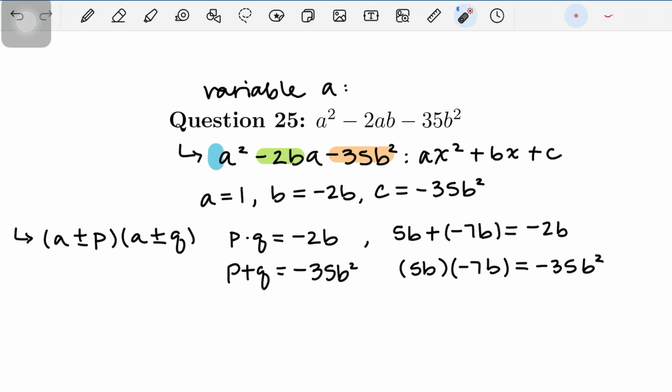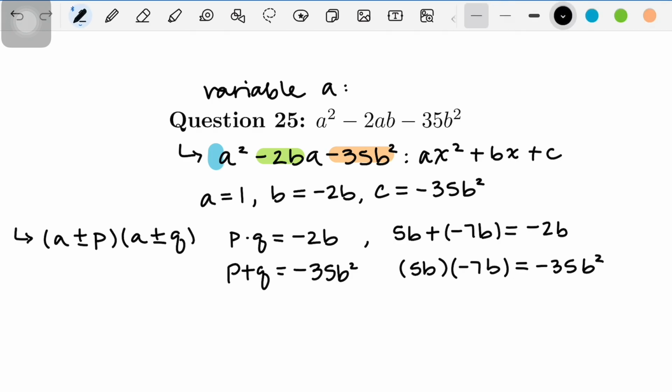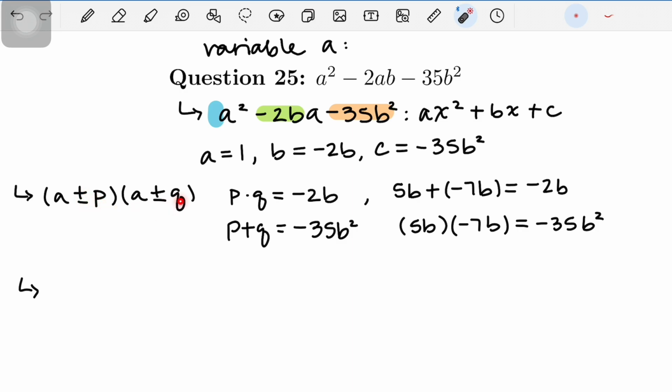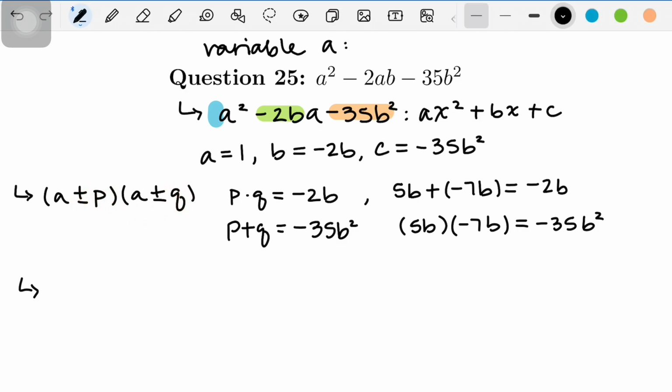So these are going to be our values for p and q. So we'll plug these into our fully factored binomial form. We're going to have a plus our p value, which would be 5b, times a plus our q value, which is a minus 7b.